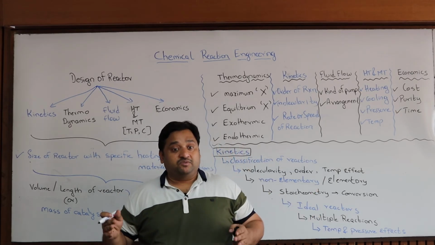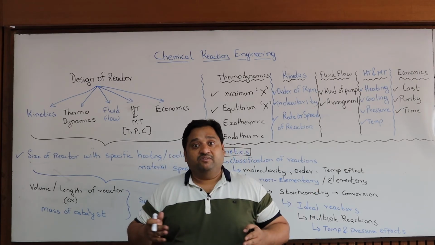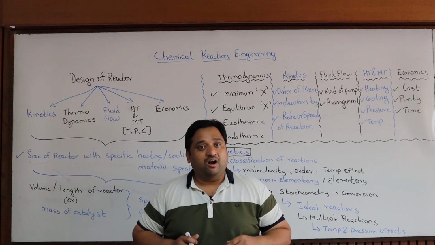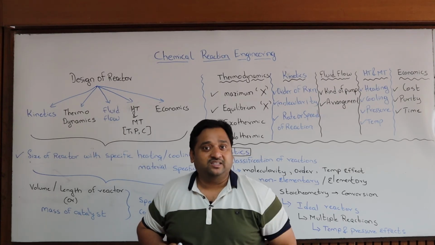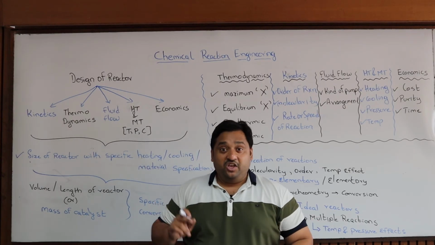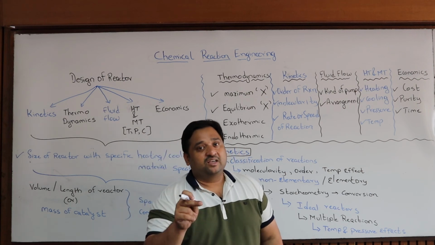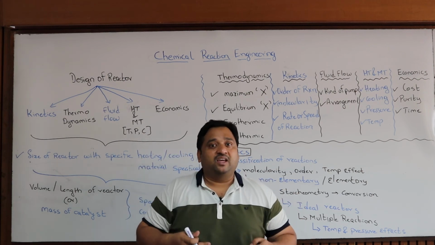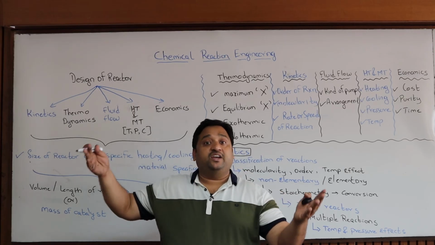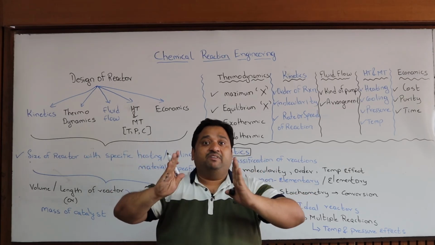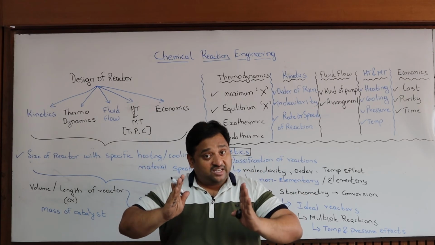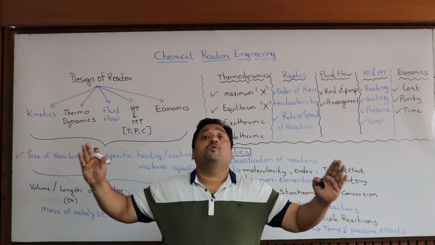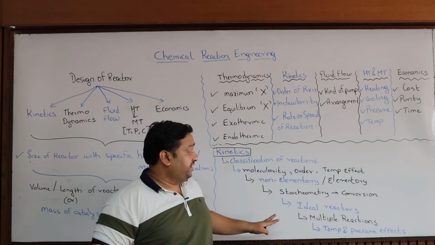In that kind of system, how my rate of the reaction, that is the speed of the reaction, is going to alter, because ultimately the speed of the reaction decides the size of the reactor. If the speed of the reaction is more, the volume of the reactor will get reduced. If the speed of reaction is less, the volume of the reactor has to be more. That is what we are going to see.